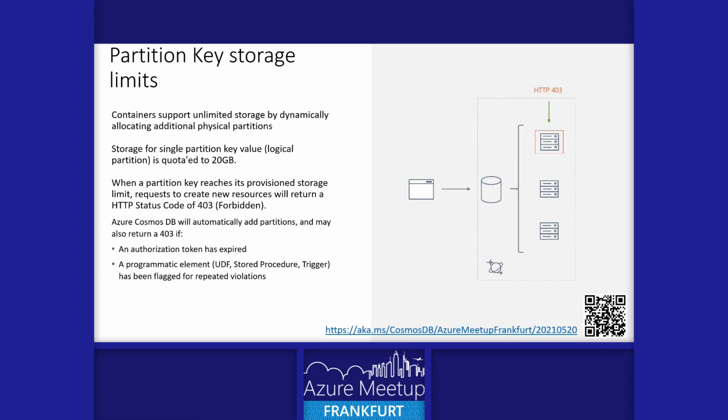Imagine if you store 50 GB of data, you will have at least 3 partitions because each partition can only hold up to 20 GB of data. Same is true if you provision 100,000 RUs on your container, you will get at least 10 physical partitions because each of them can handle at most 10,000 RUs.